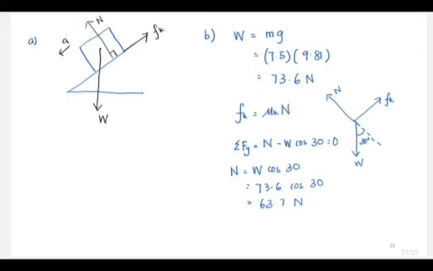Then we can substitute into the formula of kinetic frictional force, where the coefficient of kinetic friction is 0.25 times the normal force 63.7, and we get the kinetic frictional force 15.9 Newton.